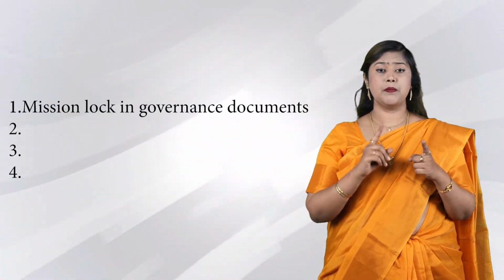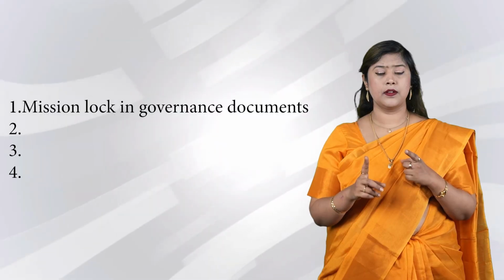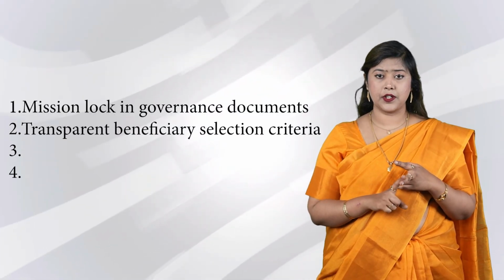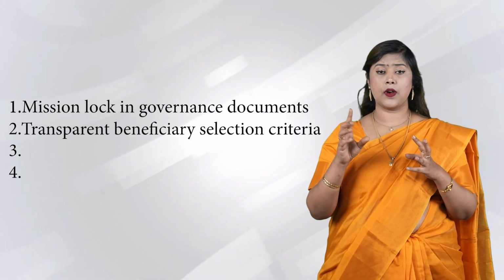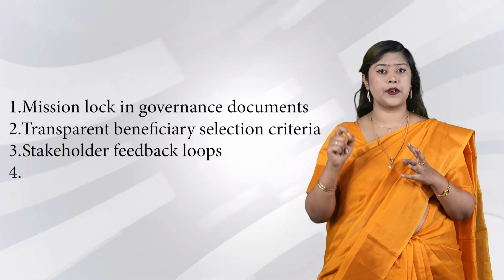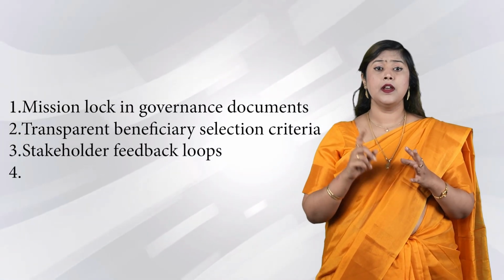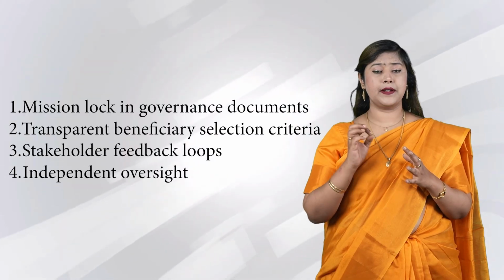So, an ethical scaling framework includes all of these possible answers. It must include mission protection in governance, transparent beneficiary selection. It also has to have proper structured feedback mechanisms. It must consist of independent oversight, because ethical scaling requires intentional design, not reactive decisions.